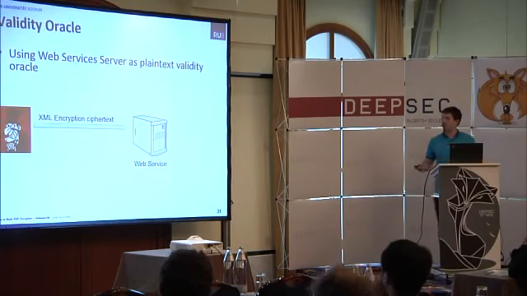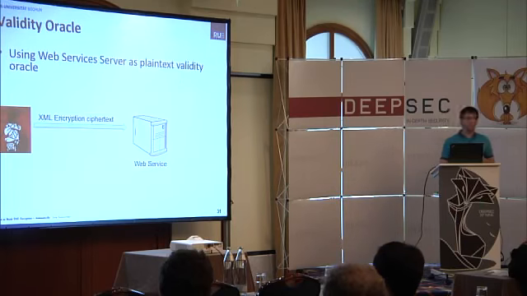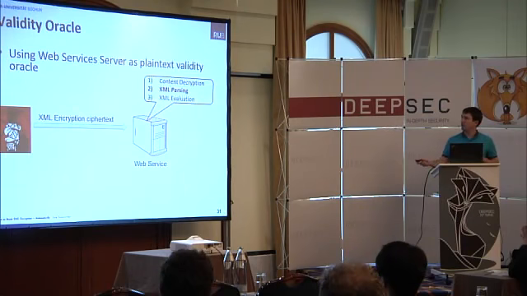Imagine we have a web service which accepts some ciphertext. What does it need to do? It proceeds in these three steps. First, it needs to decrypt the content. Then the content has to be parsed, and then there's some business logic evaluation. And there's a problem every time this should happen. There's always this XML parsing.